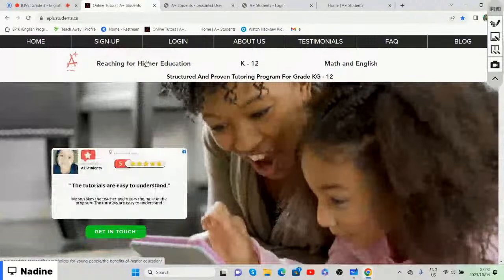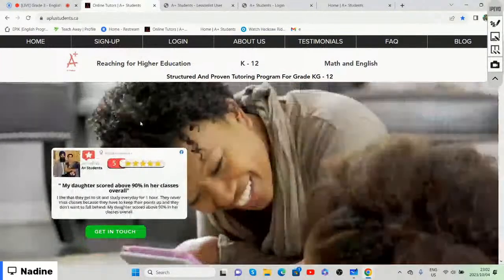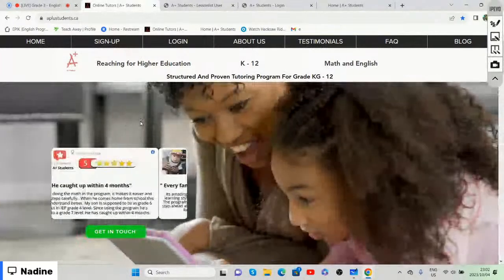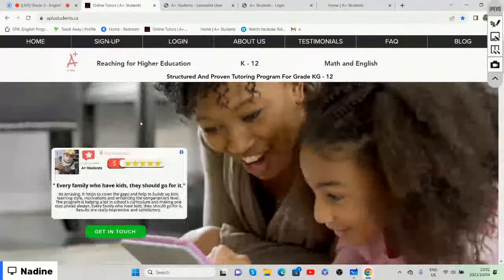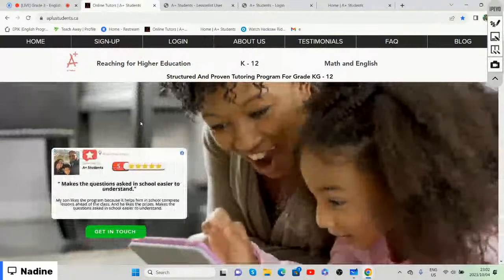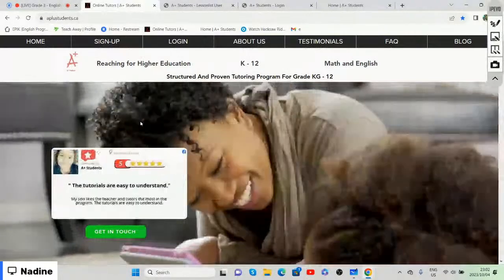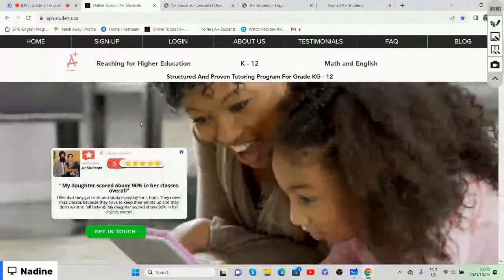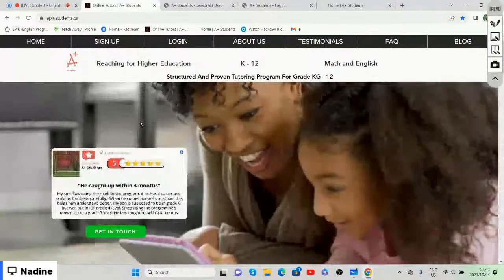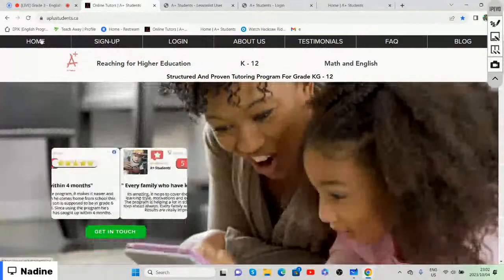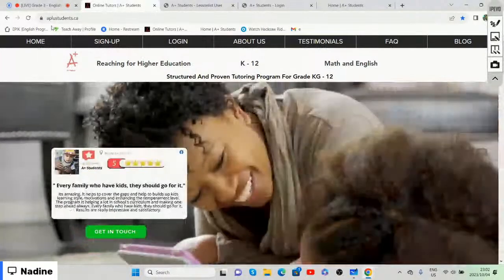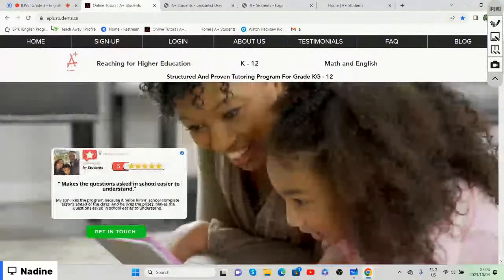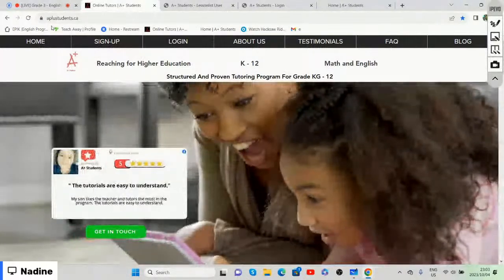Before we start with our lesson on compound words, we are going to log into aplusstudents.ca. Once we've logged in with your username as well as your password, you're going to select the subject of language arts, and then grade 3.